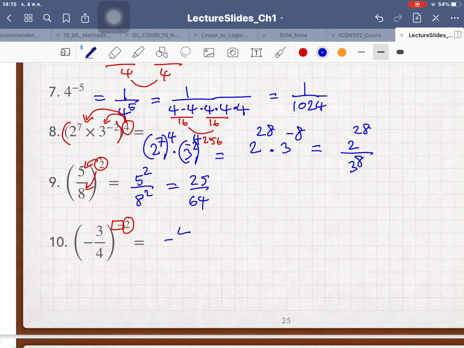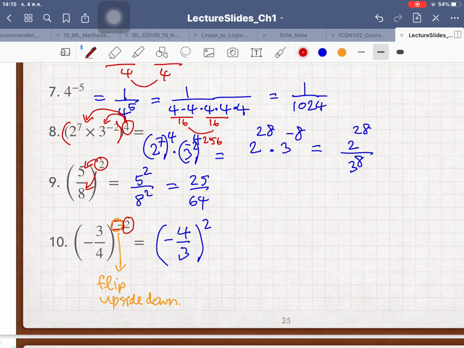So this will give you the negative of 4 over 3 and then squared. For this minus sign, it is about the flipping upside down.